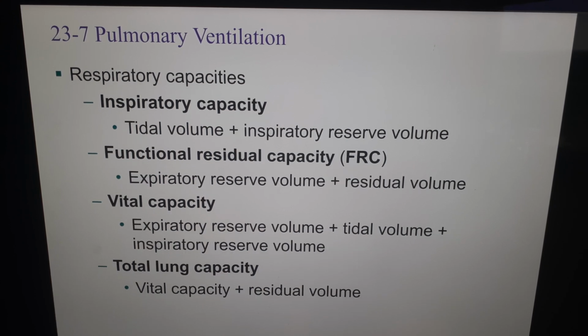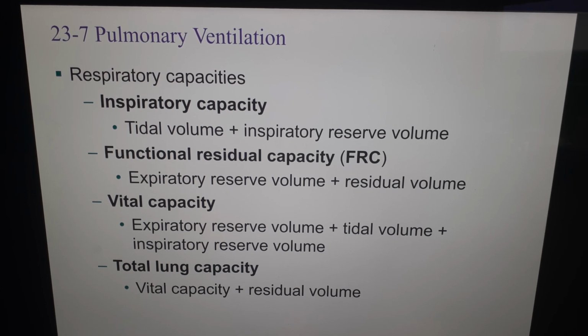So your inspiratory capacity is your regular breathing volume plus your inspiratory reserve volume. So that's basically your regular inhale plus your biggest inhale that you can do on top of it. Your functional residual capacity is your expiratory reserve volume plus your residual volume. Your vital capacity is everything that can actually move in and out of your lungs.